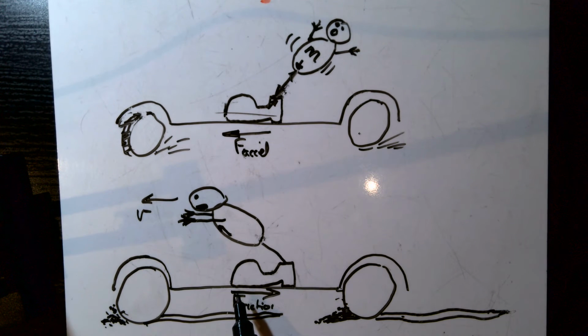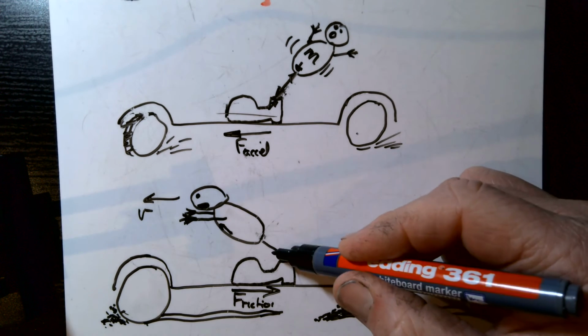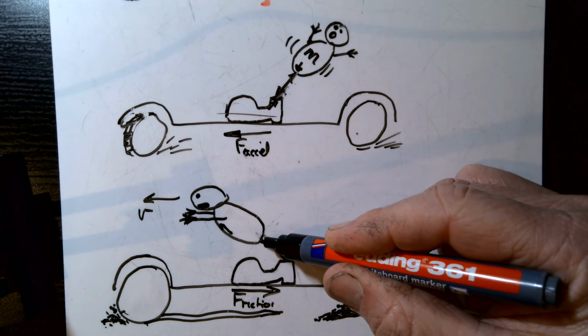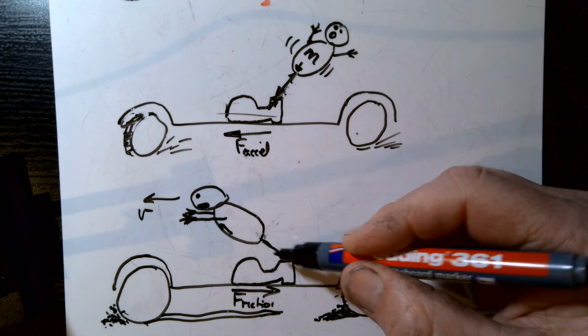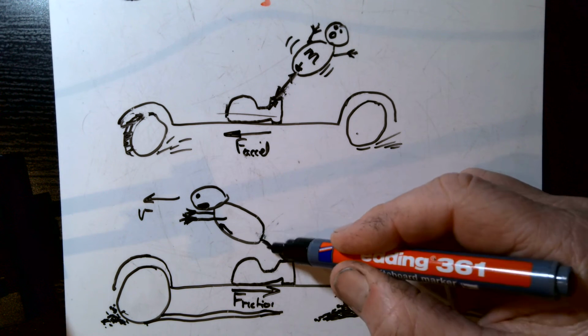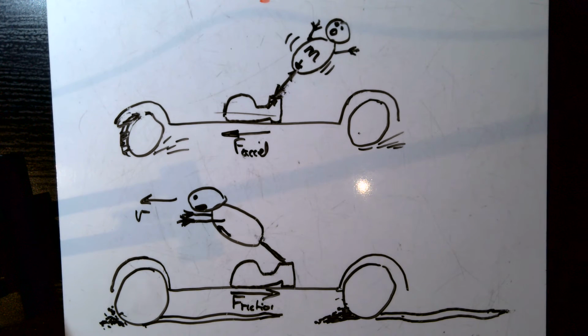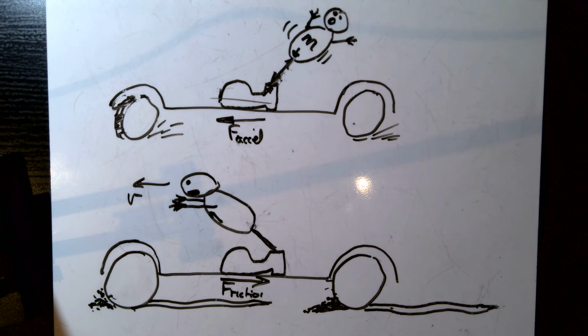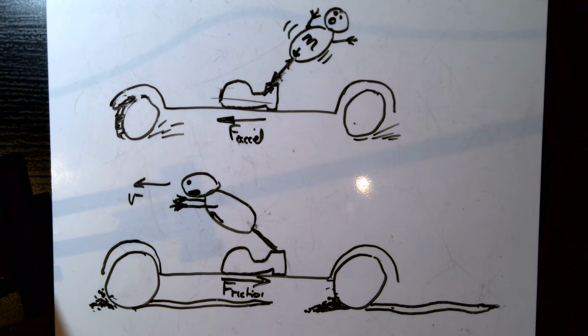So the friction on your feet is then going through a chain of forces, a chain of third law forces, to make you feel like you're being pulled out of your feet. Okay?